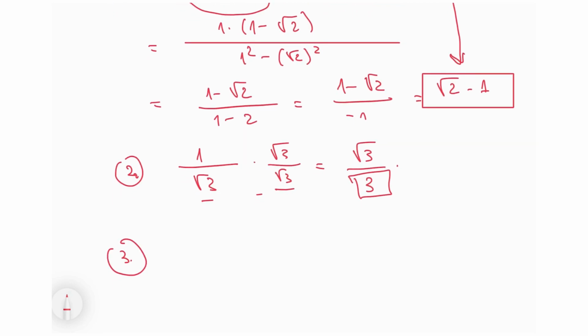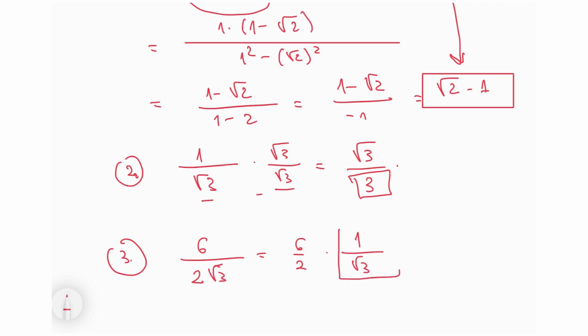We have 6 over 2 square root 3. Here we can write this as 6 over 2 times 1 over square root 3.